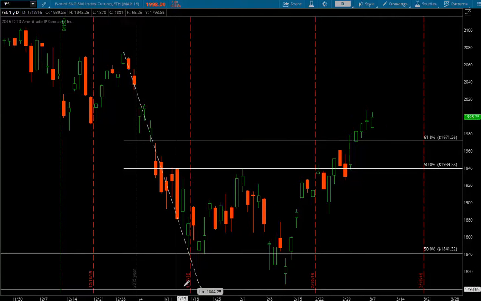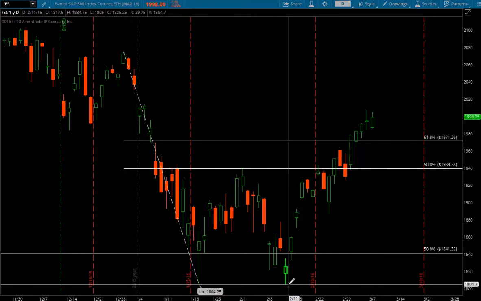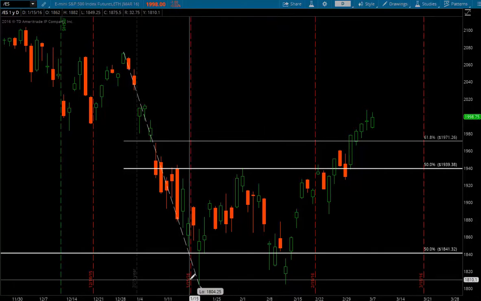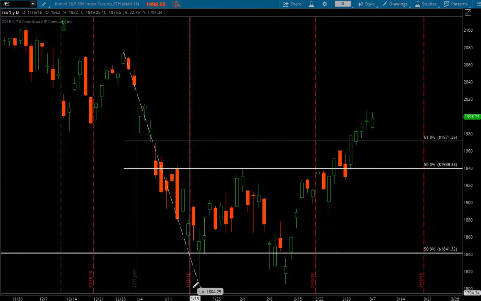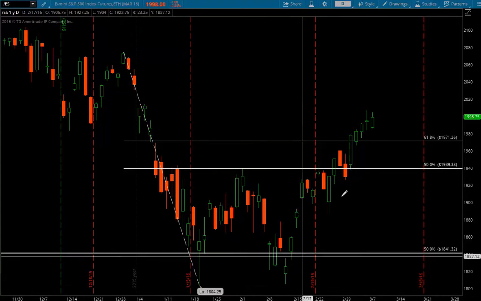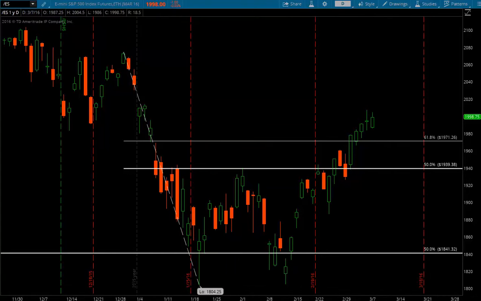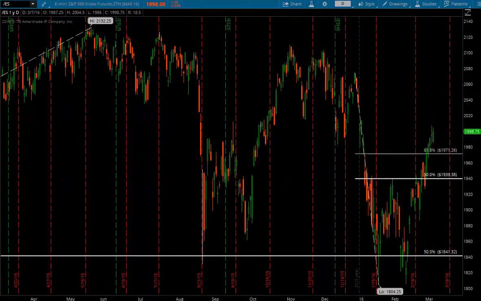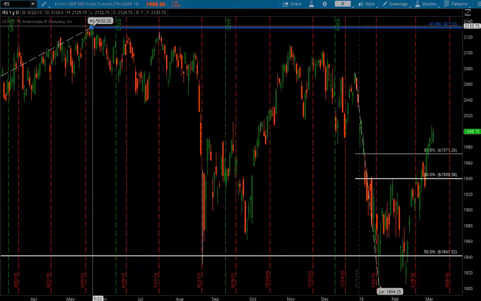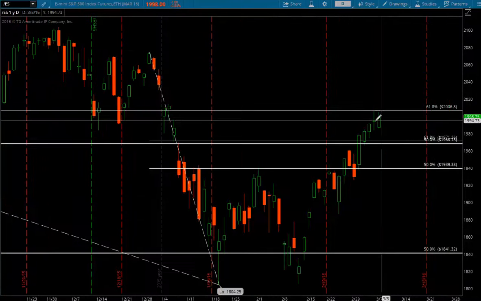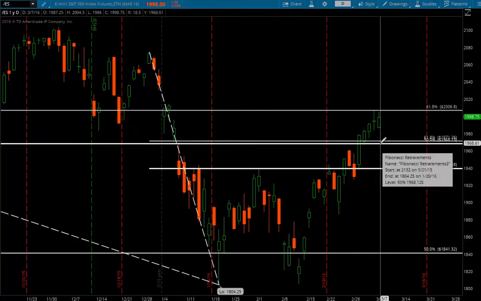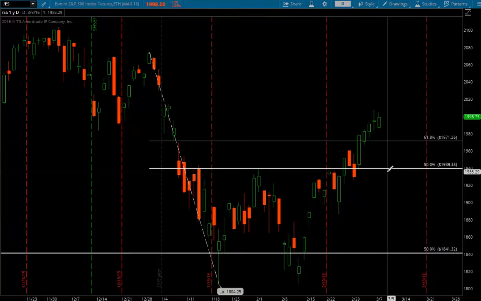And I really like this pattern on the smaller time frames, and we're starting to see it on the big daily chart here, where we get a big move lower, a double bottom, a rally, and if I pull out all the way from the high to the low, you can see that we broke the 61.8 by ever so slightly, about a point or so.